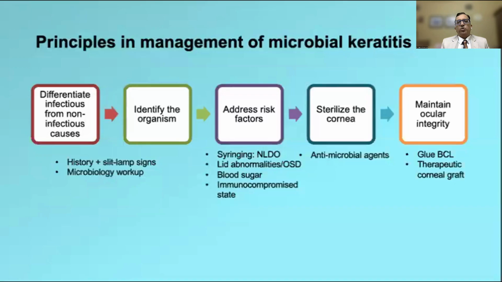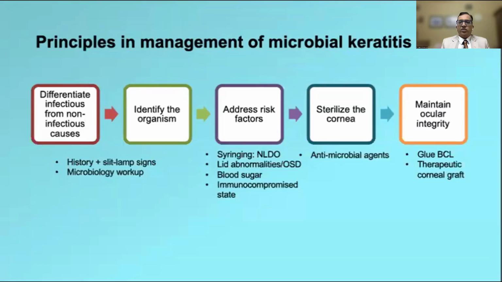At the same time, we also need to address the various risk factors. Common risk factors are lid abnormalities, ocular surface disease, chronic dacryocystitis or nasolacrimal duct obstruction, and systemic disorders like uncontrolled diabetes. Once we know the organism, we need to kill it with a suitable and appropriate antimicrobial agent in appropriate dose.